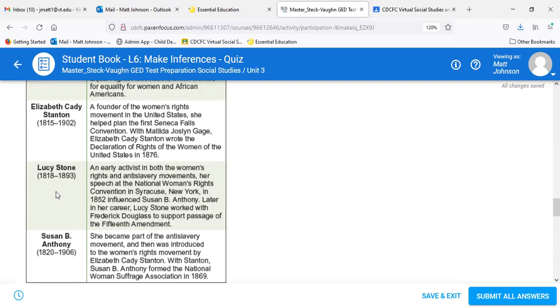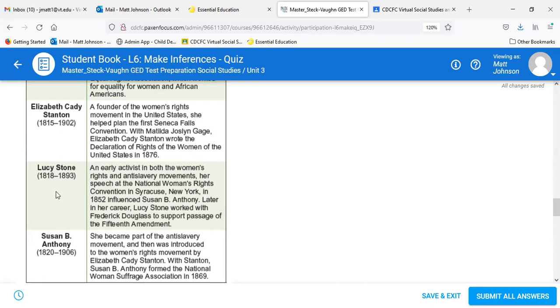Lucy Stone worked with Frederick Douglass to support passage of the 15th Amendment, right? So now we're talking again about more of the civil rights acts or amendments. And of course, Susan B. Anthony, which is probably one of the most famous women's rights, women's suffrage leaders. We hear her name probably more than the others.